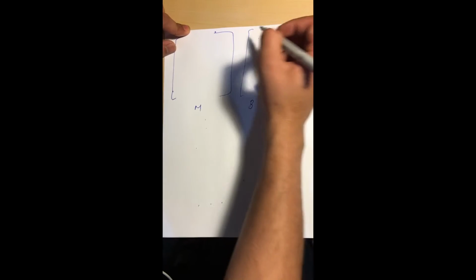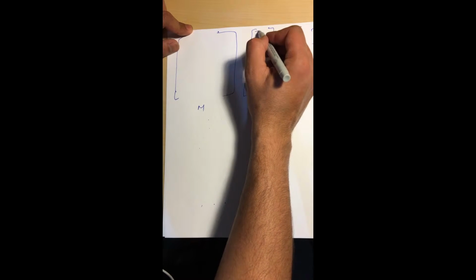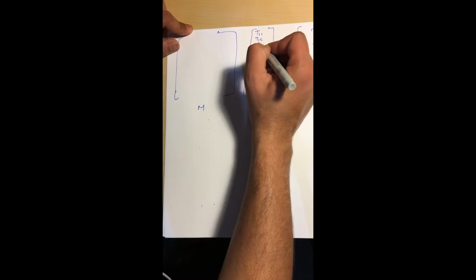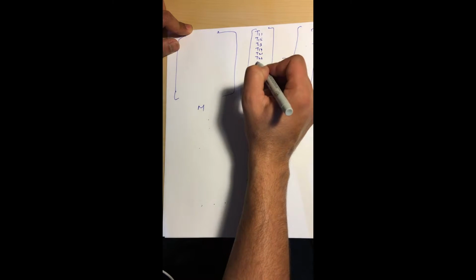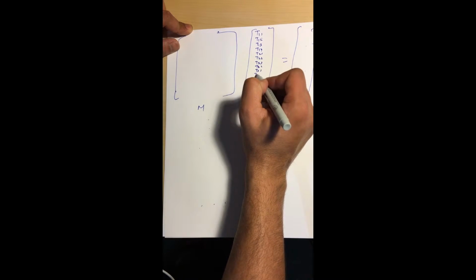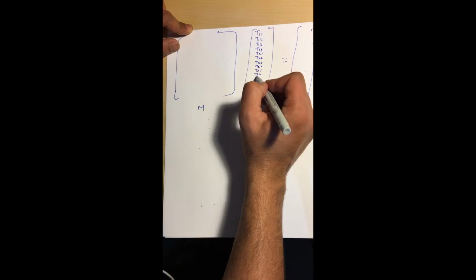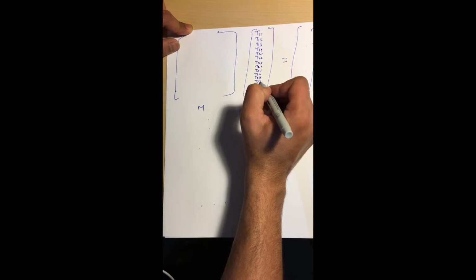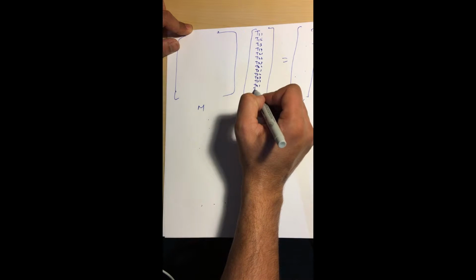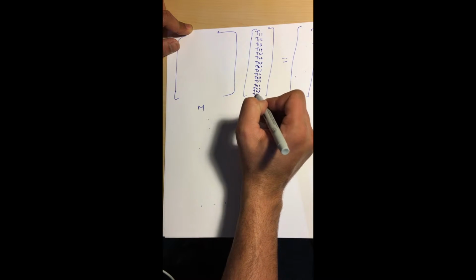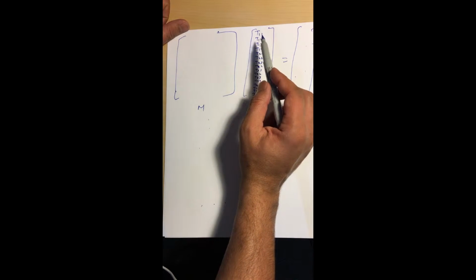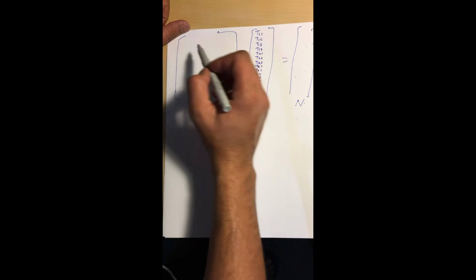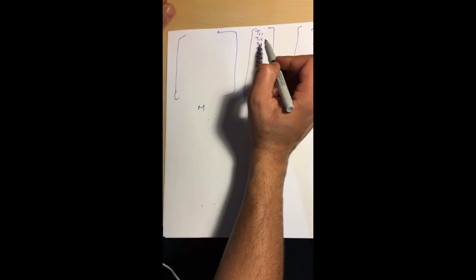The unknowns are T(1,1), T(1,2), T(1,3), T(1,4), T(2,1), T(2,2), T(2,3), T(2,4), T(3,1), T(3,2), T(3,3), T(3,4), T(4,1), T(4,2), T(4,3), T(4,4).